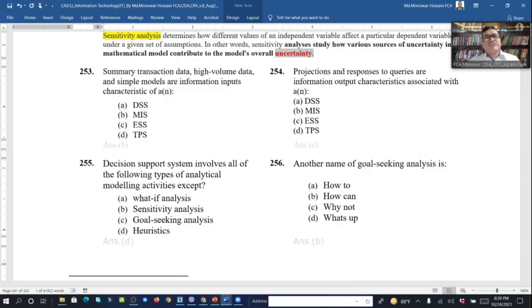Summary transaction data, high volume data, and simple models are information input characteristics of which system: decision support system, management information system, executive support system, or transaction processing system, TPS? Here the answer is management information system.